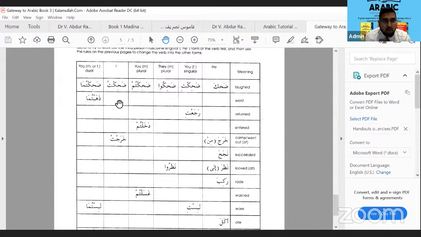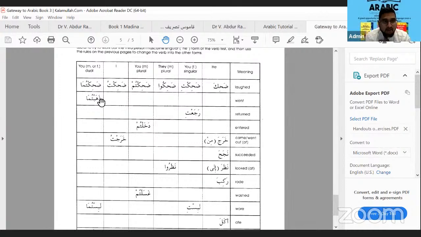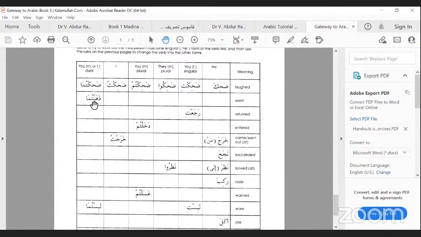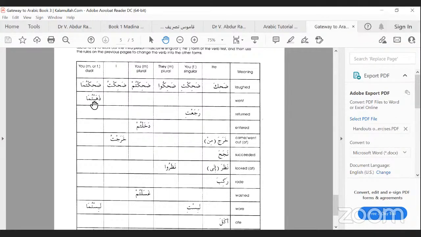So dhahaba will become ذهبت. Excellent. And what does dhahabtuma mean? You both went. Correct.